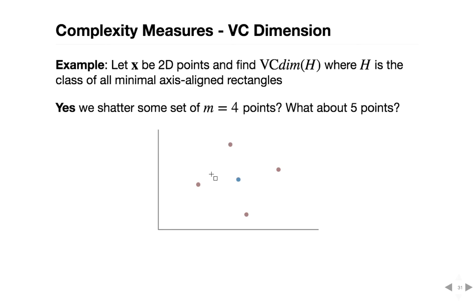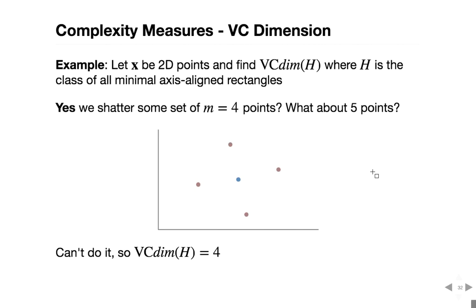And so for this configuration, where I've got a set of positive points, and then I've got a negative point that's inside the convex hull of the positive points, it's pretty easy to say that there's no way that I can get all 4 of the red points in the box without getting the blue point in the box. Okay, and so in practice, you would have to prove this in a more mathematically rigorous way, but this is just to give you a flavor for it.